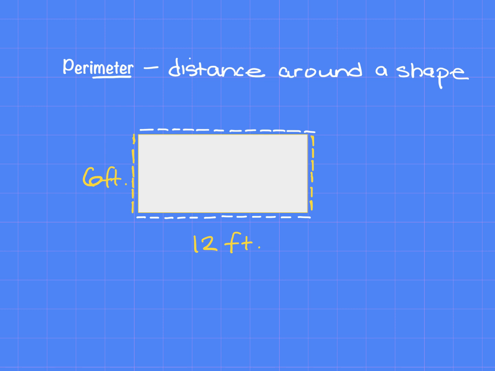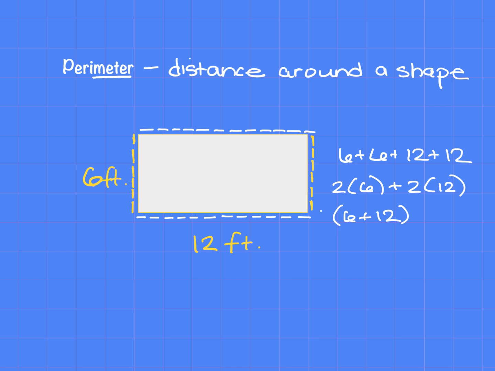Some people would just do 6 plus 12 plus 12. Some people would think of it as doing 2 sides of 6 and then plus 2 sides of 12. And then there's also just doing 6 plus 12, right, which is 18, and then knowing that there are 2 of each of those, and you can multiply that sum by 2.